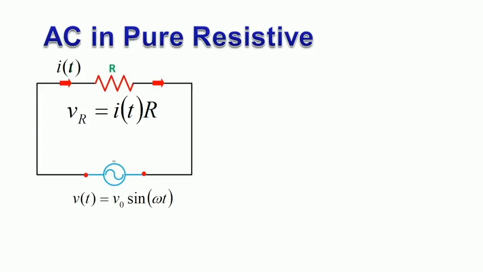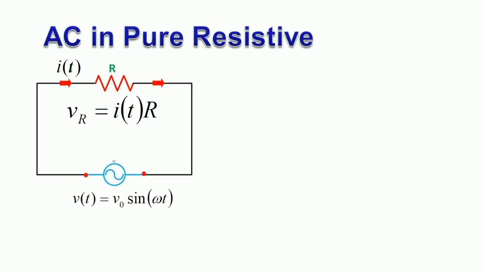Now we shall discuss AC in a pure resistive circuit. V of t, that is instantaneous voltage, is equal to V0 sine omega t, and VR is the voltage across resistance, and by Ohm's law we can write V equal to IR. So as the applied voltage is fluctuating as a function of time, voltage across resistance will also fluctuate, and obviously the current will be a function of time.